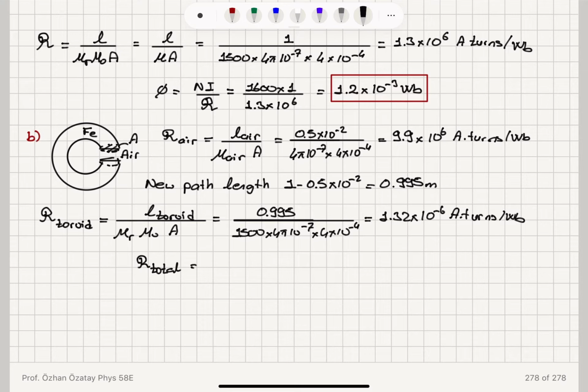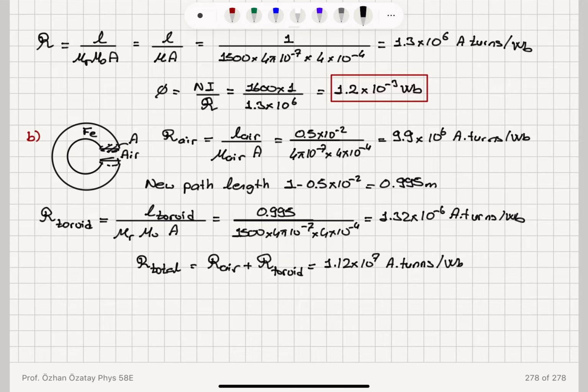We have the reluctances adding up, the contribution from air and the contribution from the toroid, the iron part. This gives us 1.12 times 10 to the 7 ampere turns per Weber.